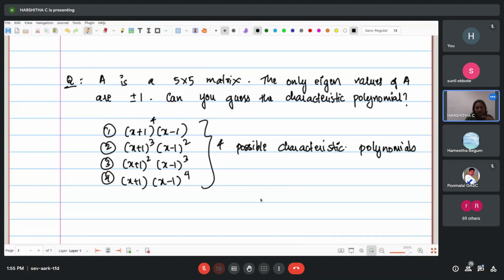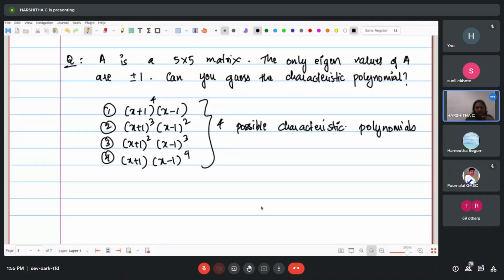So these are the possible characteristic polynomials, and maybe there is some other additional information. Suppose you know additionally that the determinant of A is 1. Then can you remove any of these possibilities, or are all 4 characteristic polynomials possible?